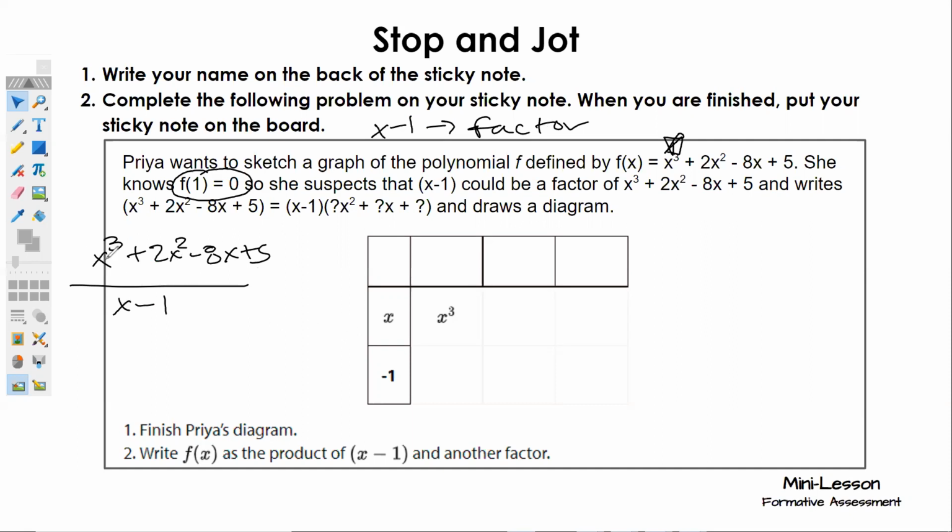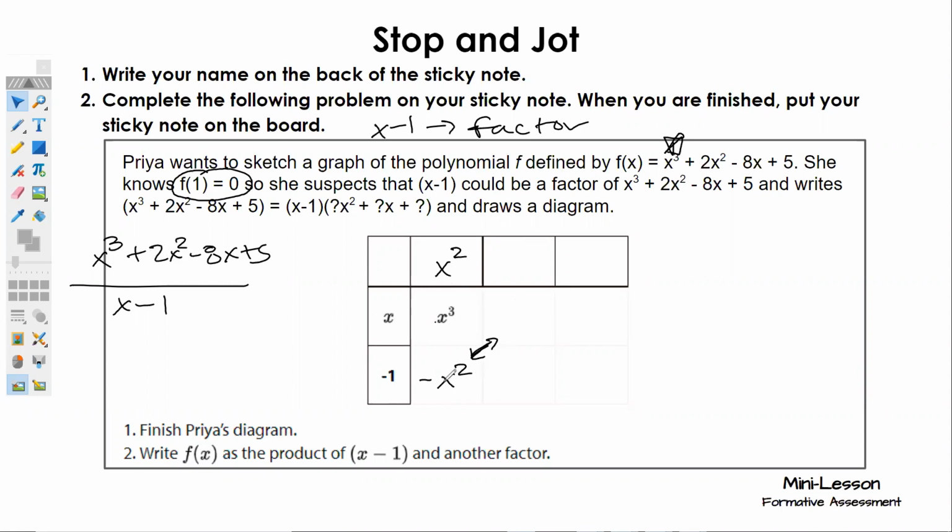So that first term goes in the first box, and then we're going to ask ourselves, what times x would give us x cubed? x squared. x squared times negative 1 is going to give us negative x squared. We're going to add the diagonal. So what plus negative 1x squared equals 2x squared?